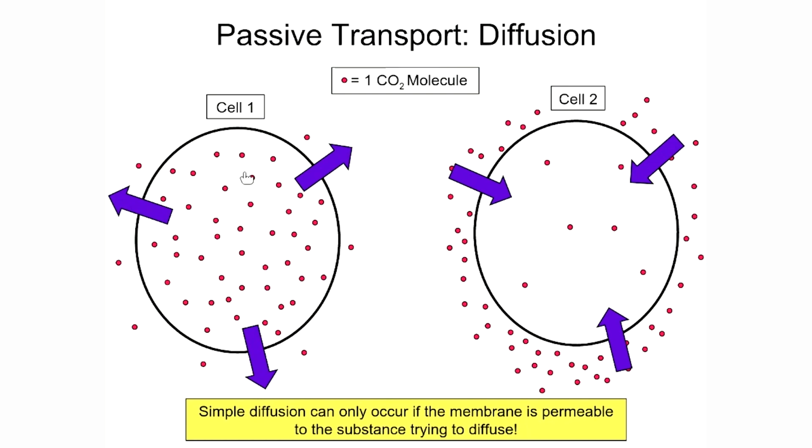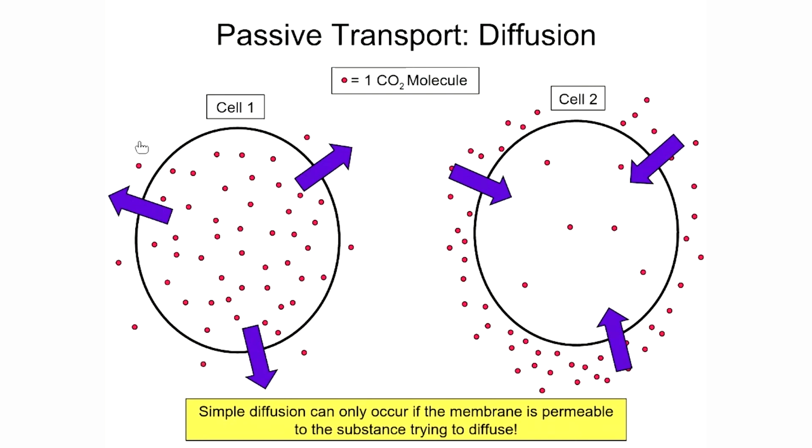So that's why I've got these little purple arrows in here. They're indicating that as we've got this higher concentration of carbon dioxide in here, these molecules have collisions with each other, they bounce off in opposite directions, that's going to tend to push them from this area of higher concentration inside the cell to the area where we've got a lower concentration outside the cell.